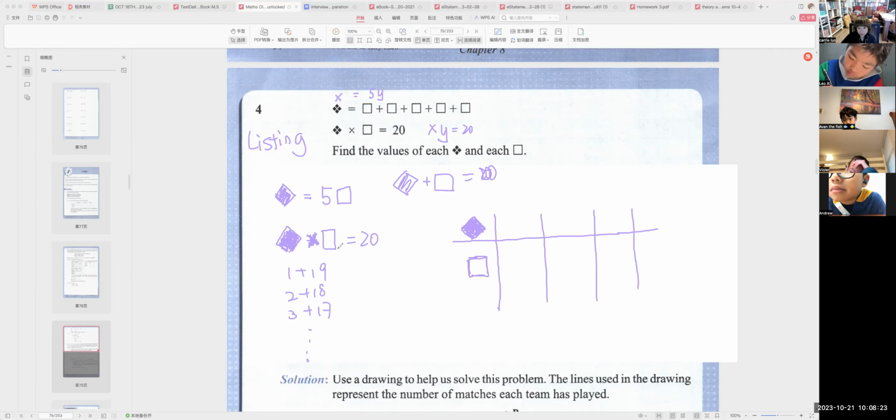Because if they're integers, multiplied together it's only 1 times 20, 2 times 10, and 4 times 5. Correct, Andrew? When you only have 3 possibilities, you can just go back and check. Oh, sorry, there is another one.